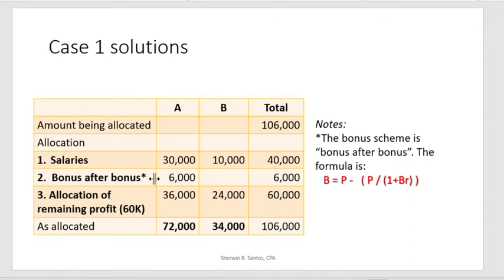So, may formula on how to compute the bonus after bonus. The formula is, since this scheme is bonus after bonus, we look at bonus is equal to P minus the quantity of P divided by 1 plus the bonus rate. Yung bonus rate, that is 10%.